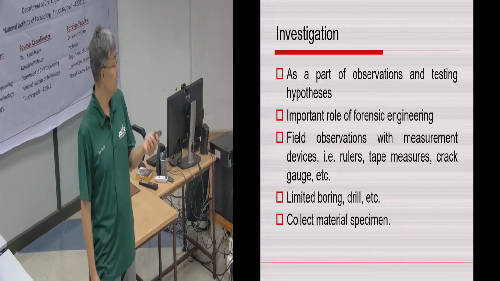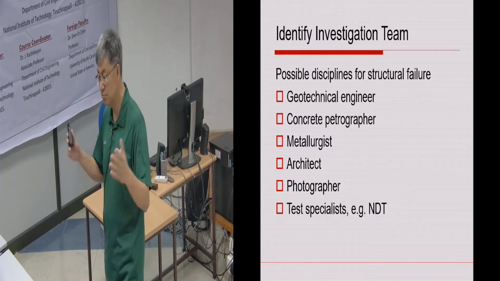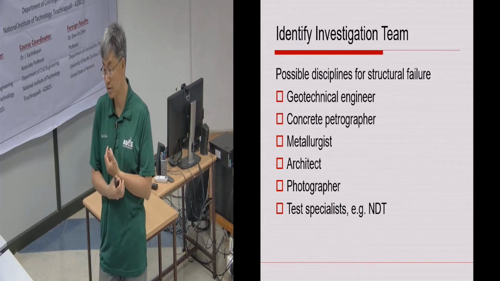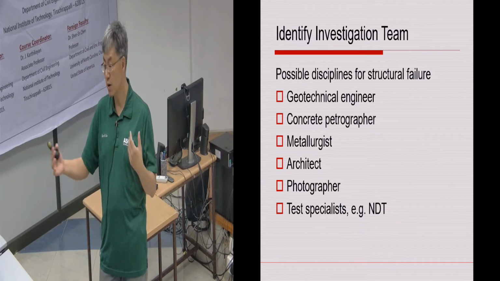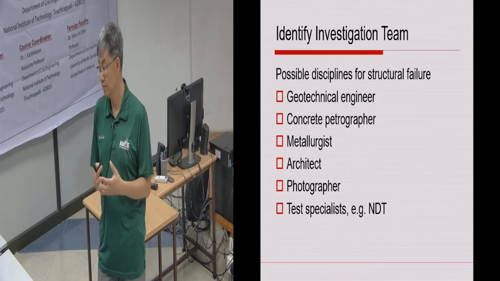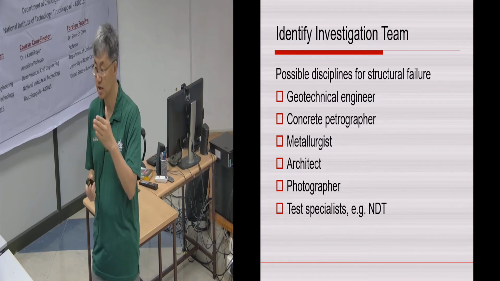Next, a lot of those mega-sized investigations are not done by one person alone, so you may require other partners. It's always good to work as a team, especially for forensics, because one person's opinion can sometimes be biased.